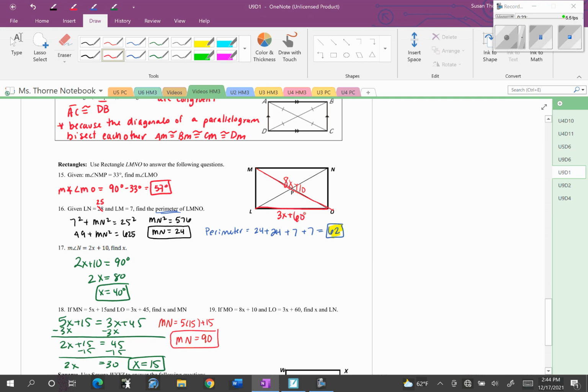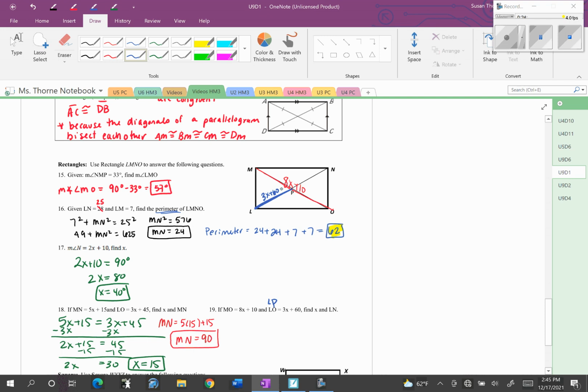Find x and LN. I think that was a typo. I think that was supposed to be LP. So I need to fix that. First, let's do LP. So LP equals 3x plus 60.